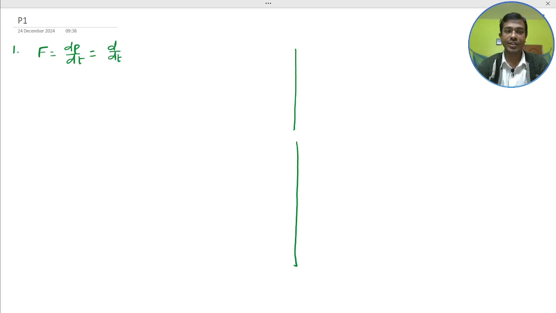This chapter is more conceptual: d/dt of mv, and with m constant coming outside, m dv/dt, and this is ma, the acceleration. And the third law of motion: to every action there is always an equal and opposite reaction, which in mathematical form is F_AB equal to minus F_BA, the force on A by B and the force on B by A.